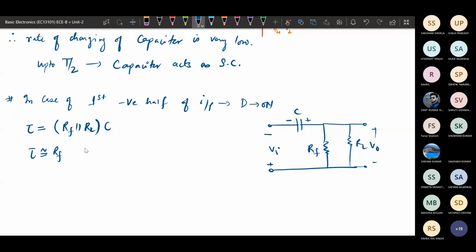The equivalent of these two parallel resistances will be even smaller than the minimum, that is RF. So as RF is very much less than RL, tau will be RF into C.